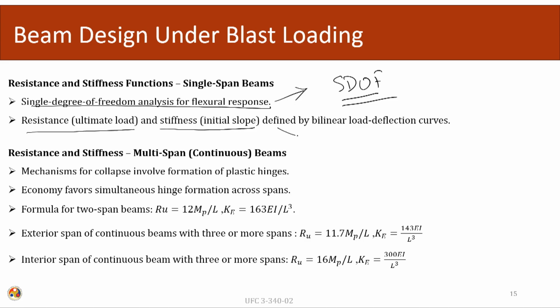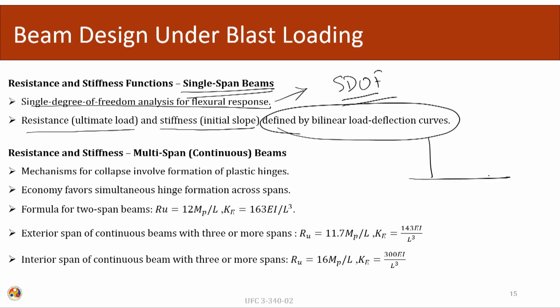This is defined by a bilinear load deflection curve. For a single span beam, this might be the resistance function Ru. Ru determines the ultimate load, and stiffness is determined by the slope of this curve.